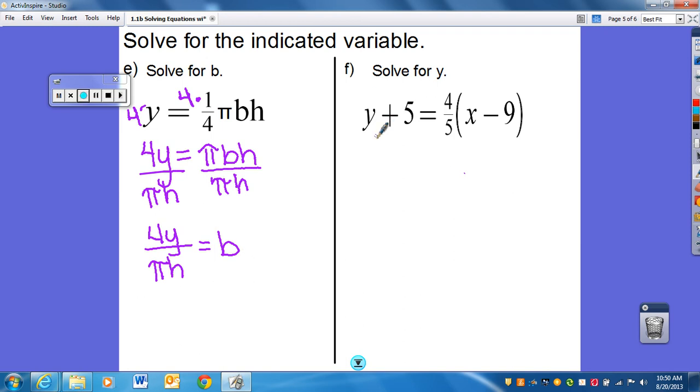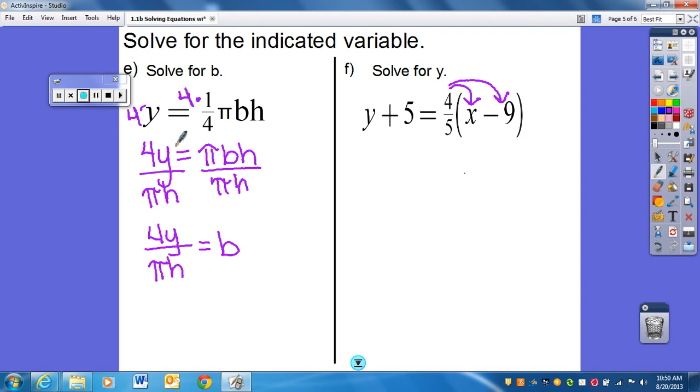Here's our next example. Y plus 5 equals 4/5 times the quantity x minus 9. Well, if I want to get the y by itself, I'm going to have to move that 5. But before I do so, I need to do the distributive property so that I have my terms separated and get rid of the parentheses.